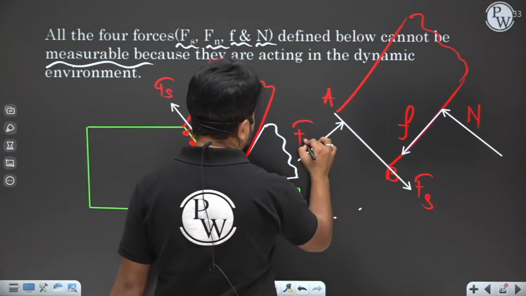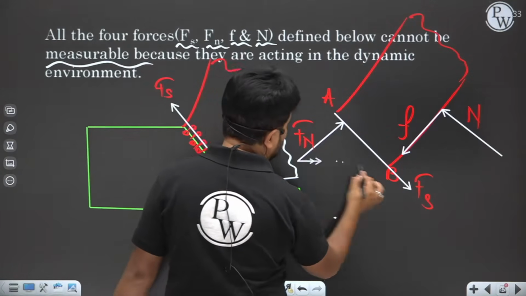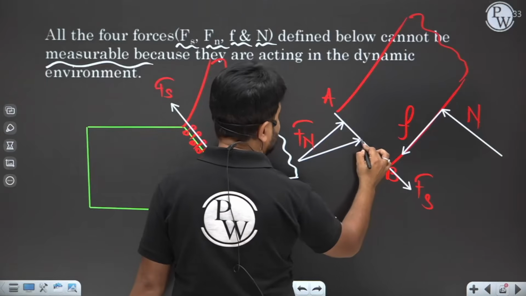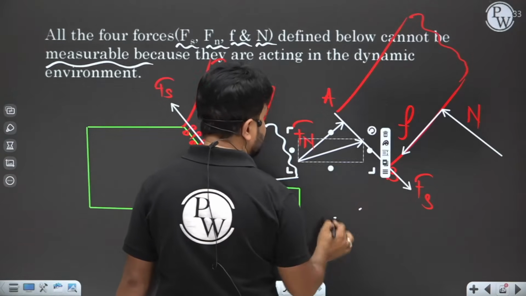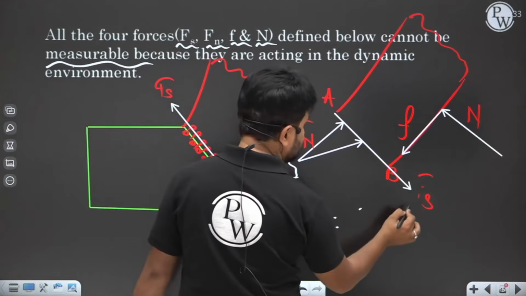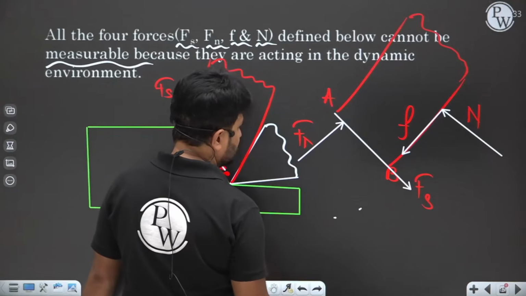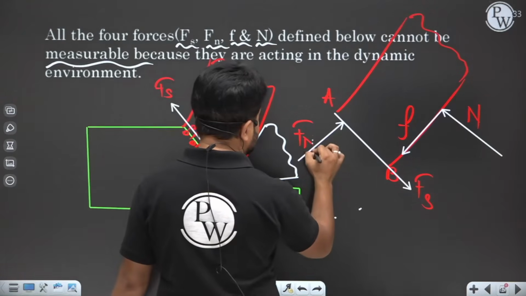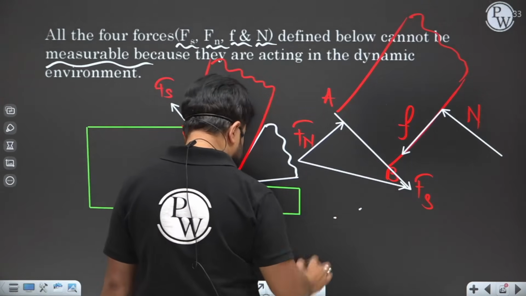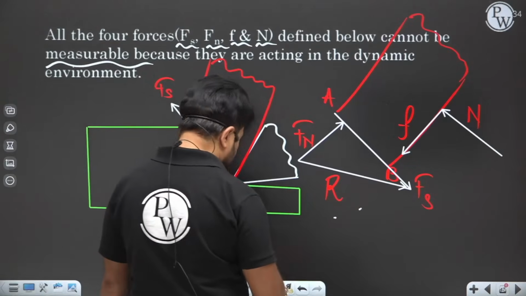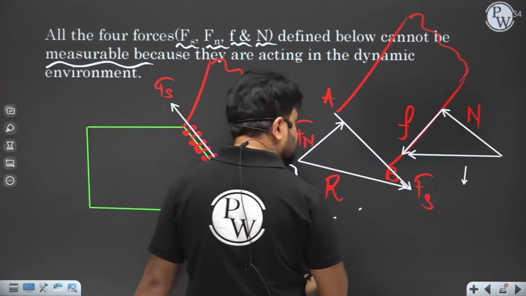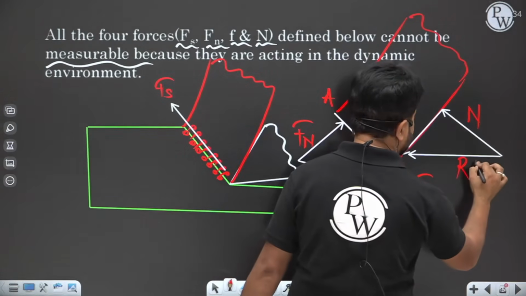So this is the normal to the shear plane, and this will be the resultant, that is R. Now again, there will be a resultant, let's say R dash.